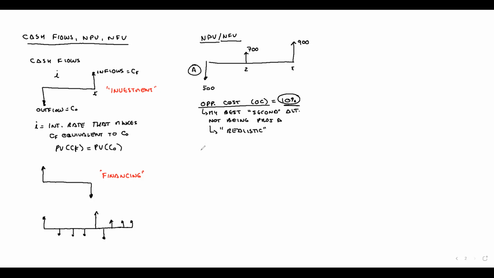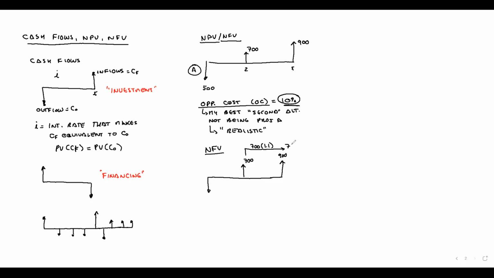Okay. So now let's talk a little about the net future value. Then it's easy to understand. So imagine the following. What is net future value, guys? It's simply moving all the cash flows to the future. So 700 and 900. How do I move this 700 to the future? Well, moving 700 to the future implies that I put this money at my opportunity cost, at 1.1, because my opportunity cost is 10%.